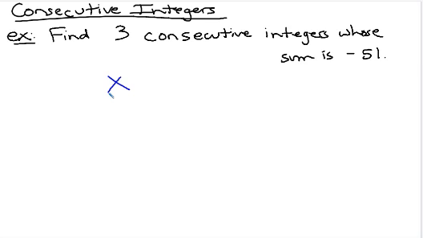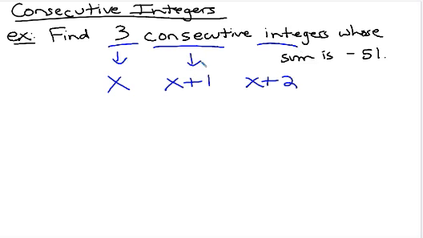So the next consecutive integer is x plus 1. And guess what the next one is? x plus 2. And that's your magic formula. Okay? This stands for 3 consecutive integers. Here's the first one, here's the second one, there's the third one.